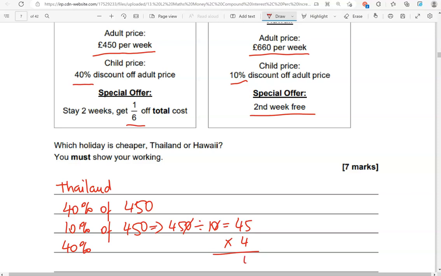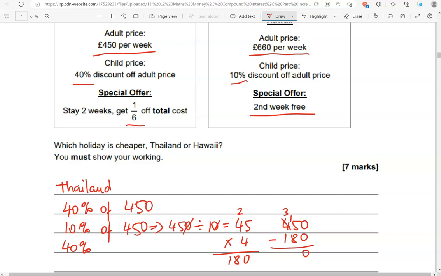4 times 5 is 20, so 0 down, 2 carried over. 4 times 4 is 16, and the 2 is 18. So that is £180, the discount. So we're going to take it away from 450 to work out the discounted price. So that's 0. To take away 8 from the 5, we're going to borrow 1 from the 4.